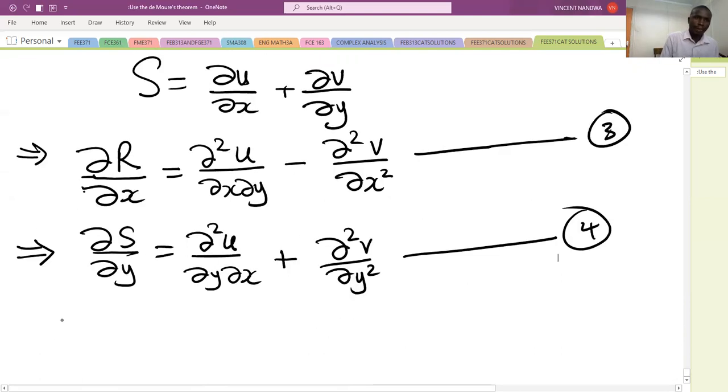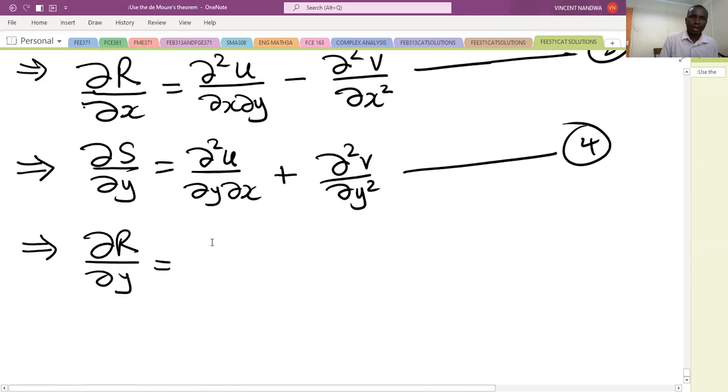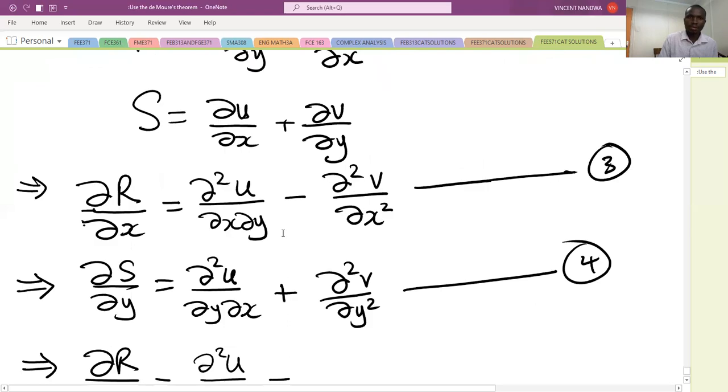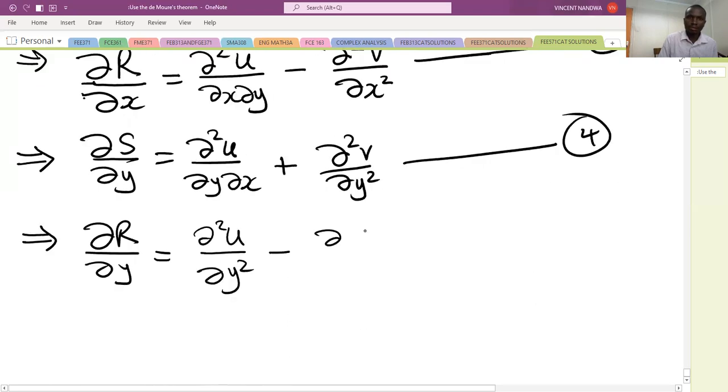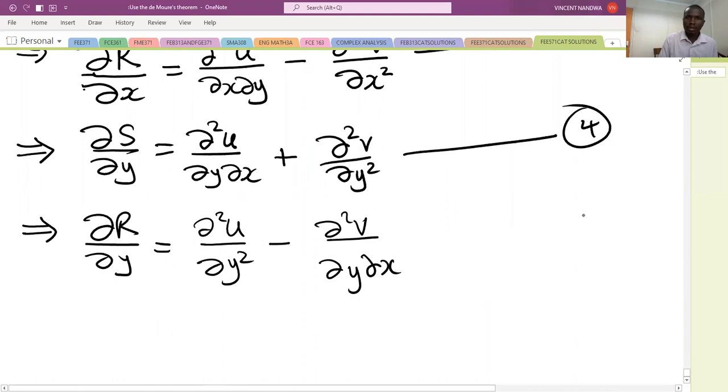Also, if you differentiate R with respect to y, ∂R/∂y, then you'll get ∂²u/∂y² − ∂²v/∂y∂x, and let's call this one 5.